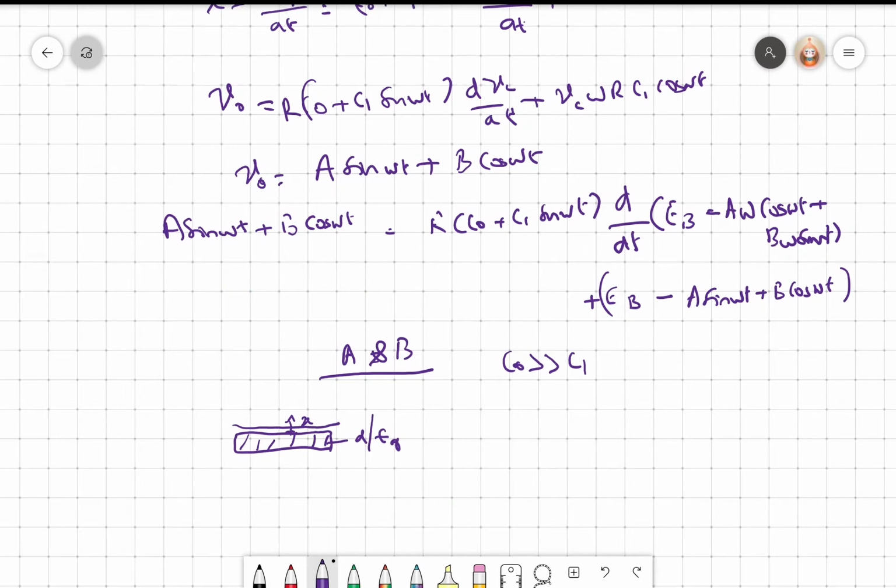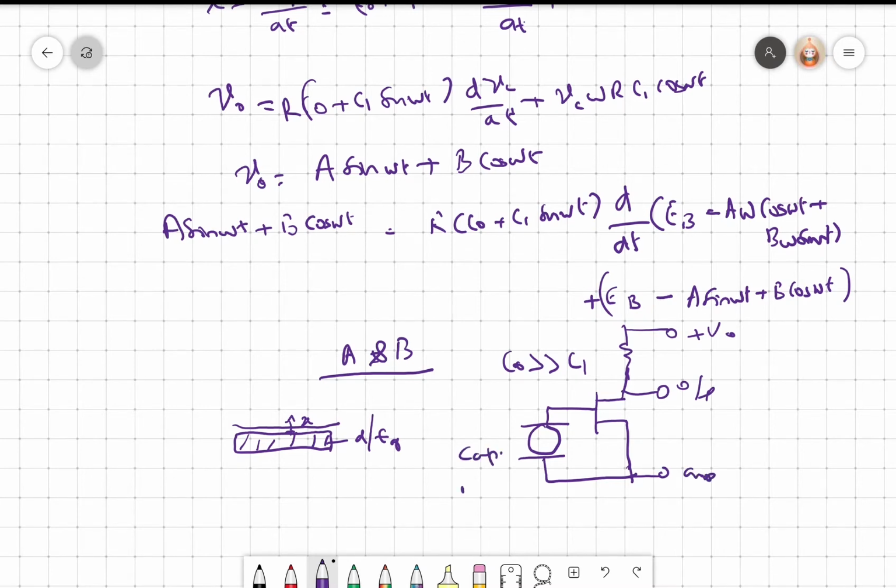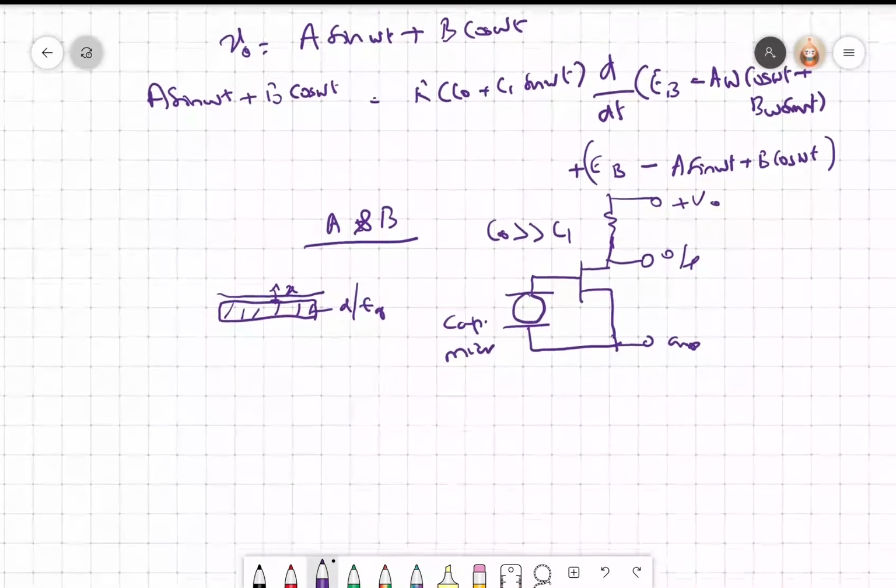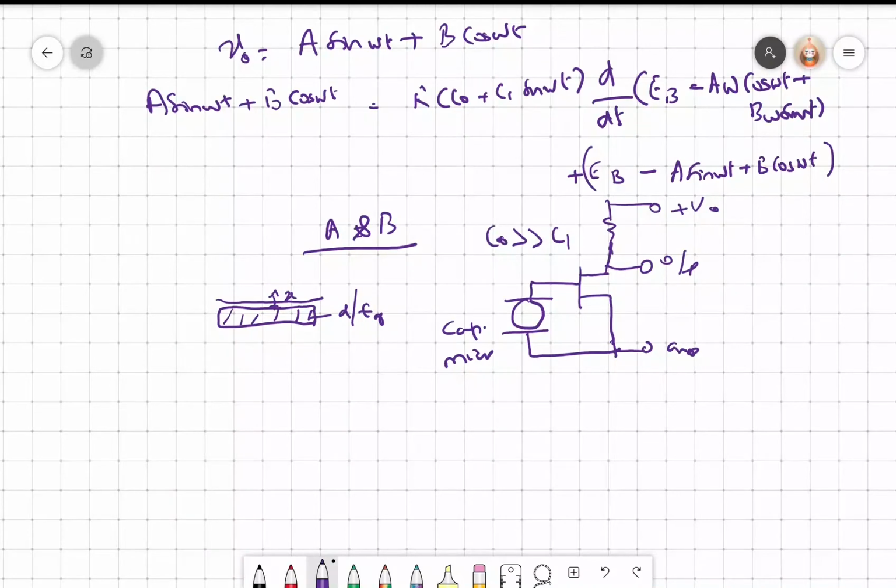So most probably, if you buy an electret condenser microphone, the microphone will have three terminals: plus VCC, output, ground. This is the capacitor microphone. So the FET is already introduced inside the package.